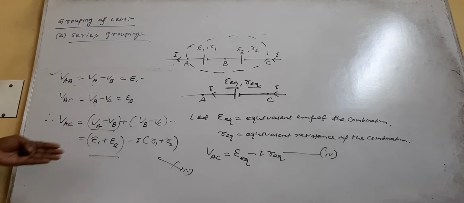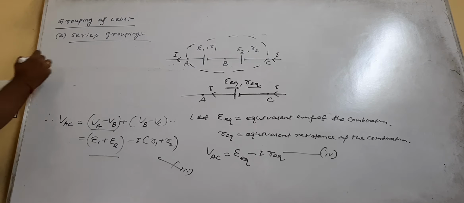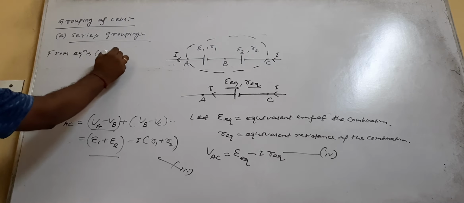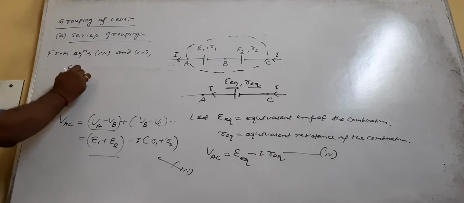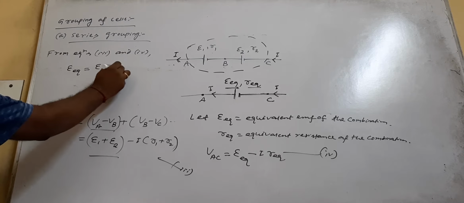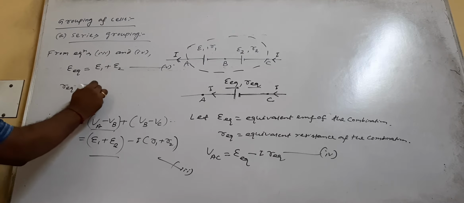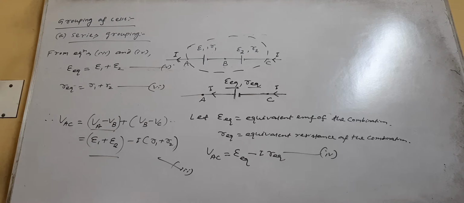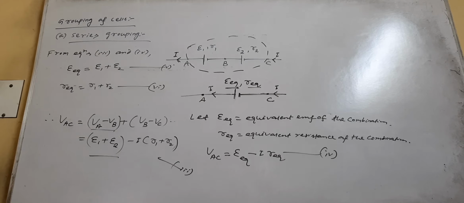So you compare equation 3 and equation 4, from equations 3 and 4 you will get E equivalent, that is E1 plus E2, and R equivalent, that is R1 plus R2. Here you have two cells, so you got EEQ, that is E1 plus E2, and REQ, that is R1 plus R2.